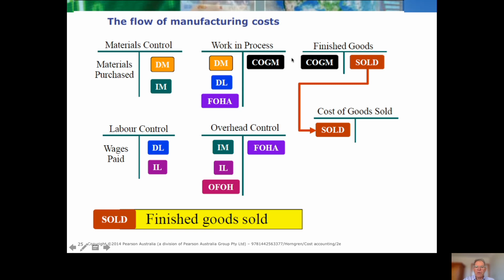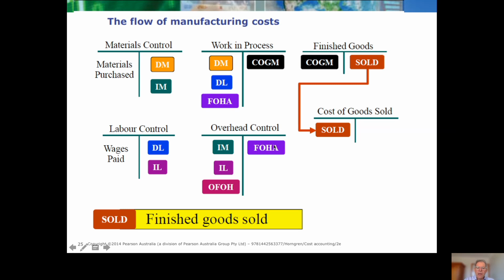And some of it then flowed on into finished goods, some of the error of this undercharge. So some of it could be sitting in here, and some of it still could be sitting in any closing balance of finished goods stock. And then finally, where did it end up? Some of it flowed on into cost of goods sold.